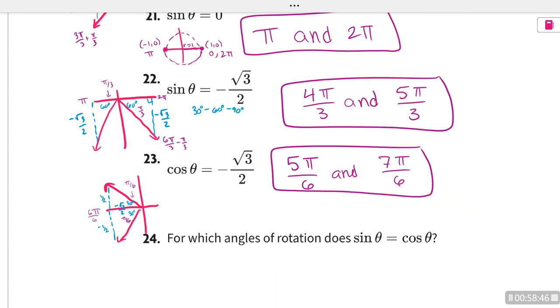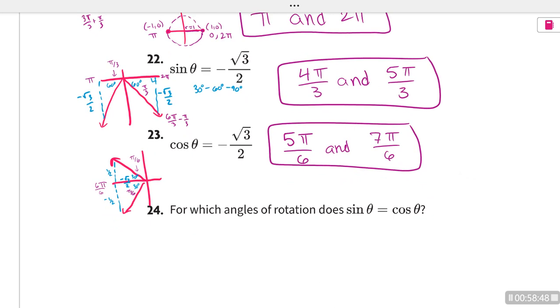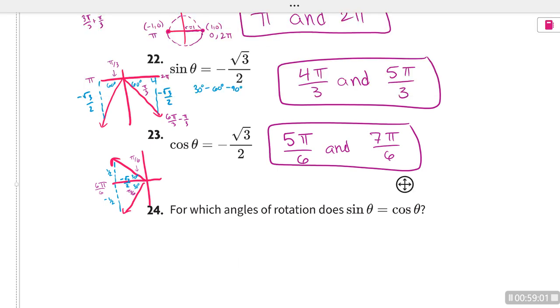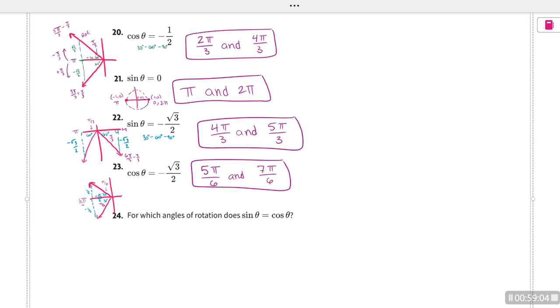Okay, question 24, it says, for what angles of rotation does sine of theta equal cosine of theta? Well, there's only two places this happens. We know that in a 30, 60, 90 triangle, those adjacent and opposite sides, or the x and y, are not the same.